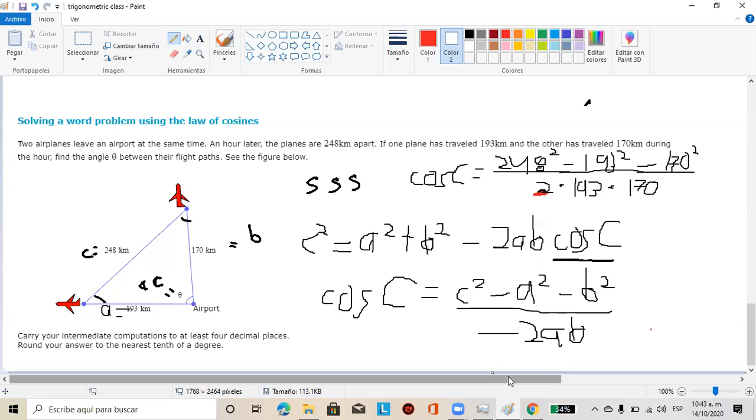Okay, but you missed the negative symbol. Oh yeah, sorry. Okay, there you go.